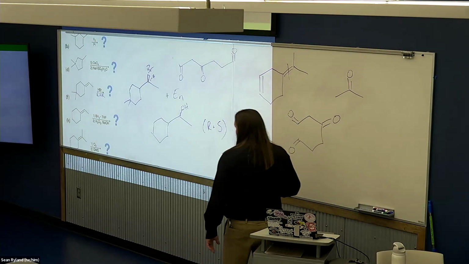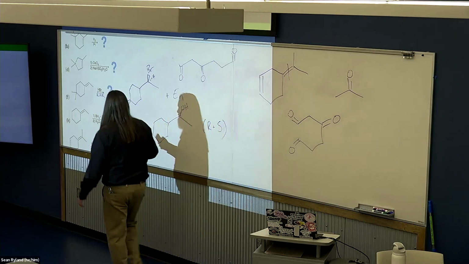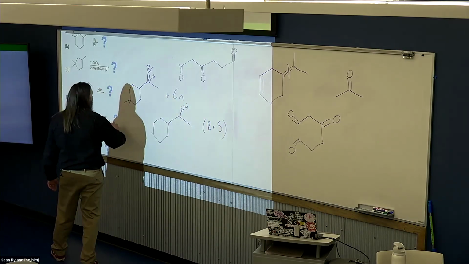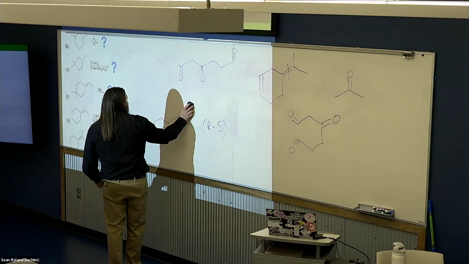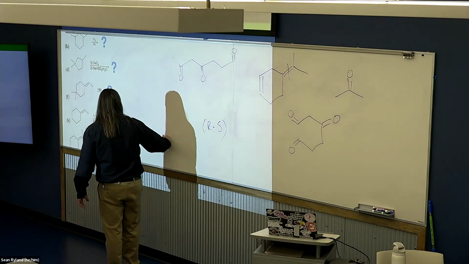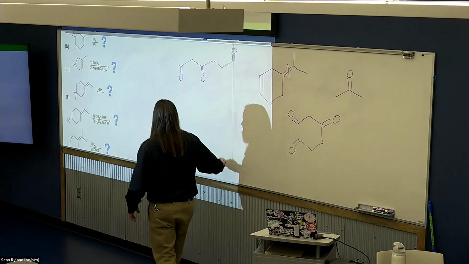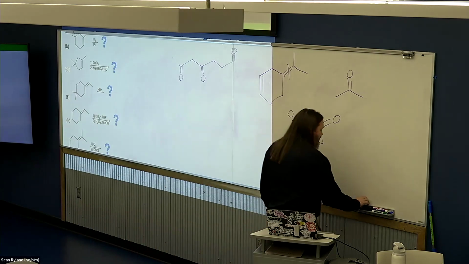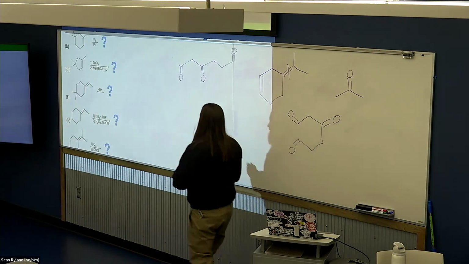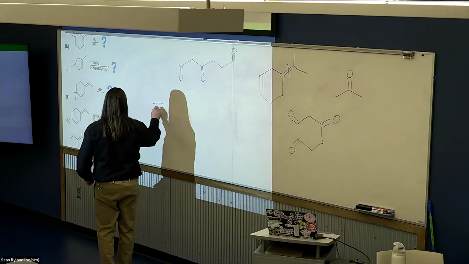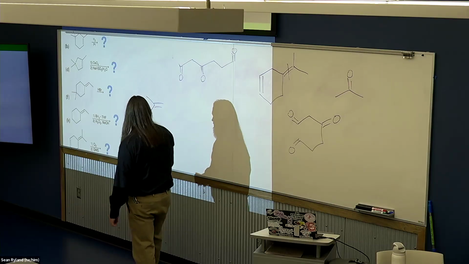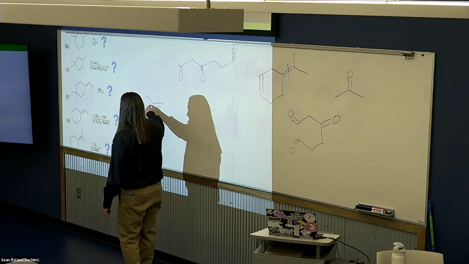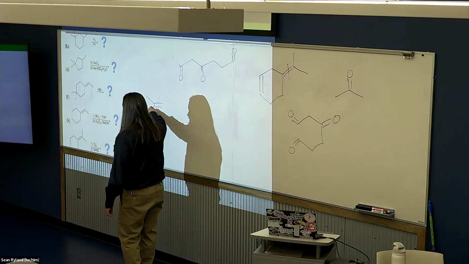The one caveat to this before we take our break is if you wind up with a 1 carbon fragment when you do this, you don't make formaldehyde. For instance, we had just that molecule and we do ozonolysis. This piece is going to turn into acetone.